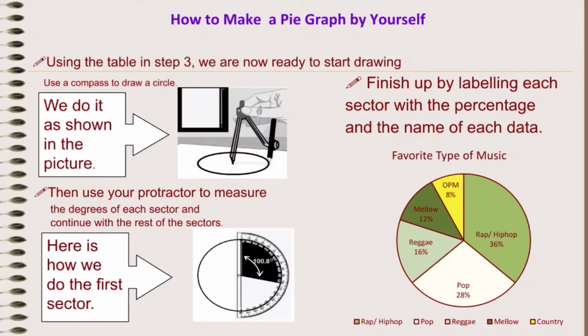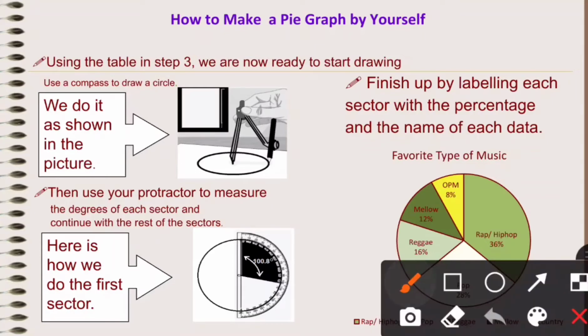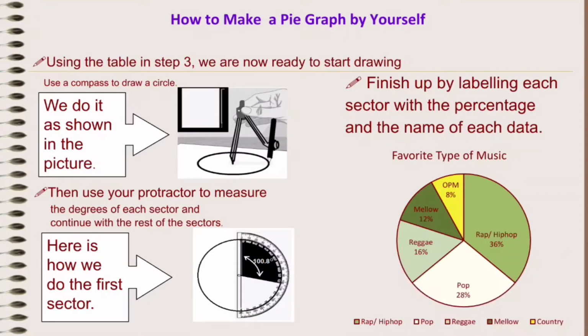So, again, the title is Favorite Type of Music of Grade 7 Students. So, we have rap or hip-hop, 36%, pop, 28%, reggae, 16%, mellow, 12%, and OPM is 8%. Don't forget to write the legend below your pie chart, okay, or pie graph.